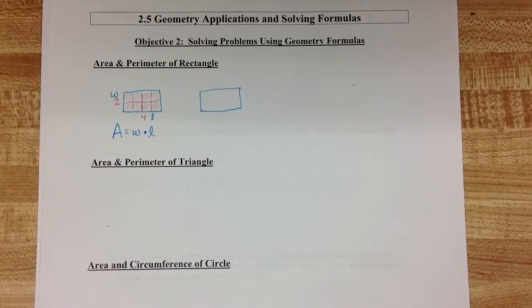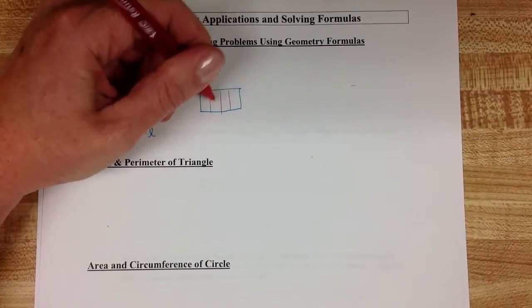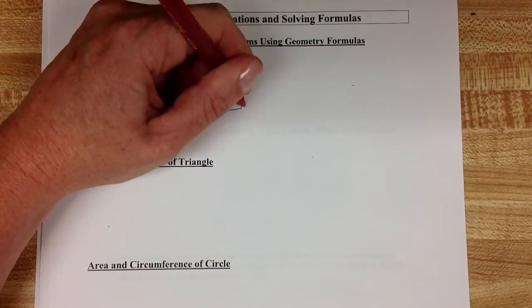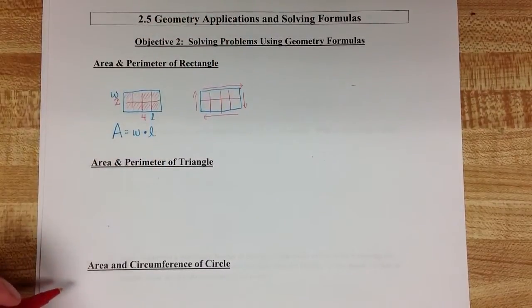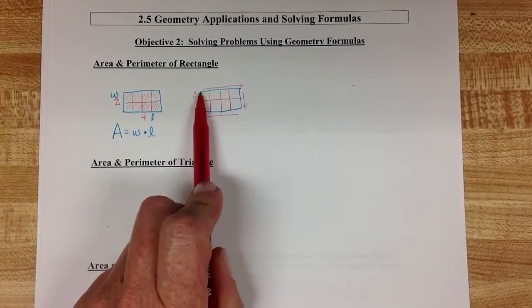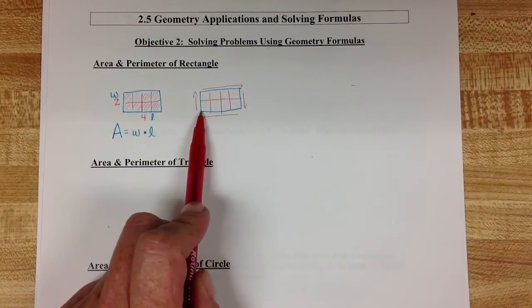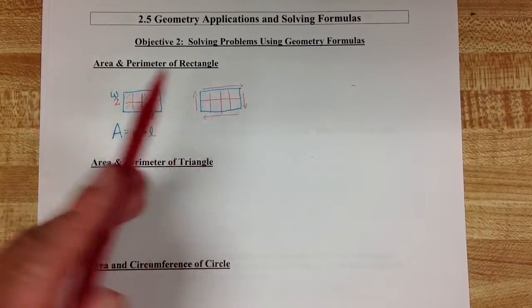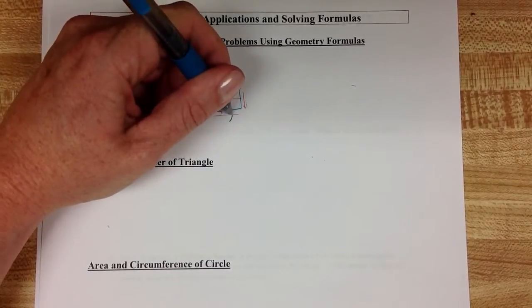If I want to find out the perimeter of this same rectangle, perimeter is the distance around the rectangle as I'm traveling around the rectangle. So I would add the length of this side and the length of this side and the length of this side and the length of this side together to get that total perimeter.